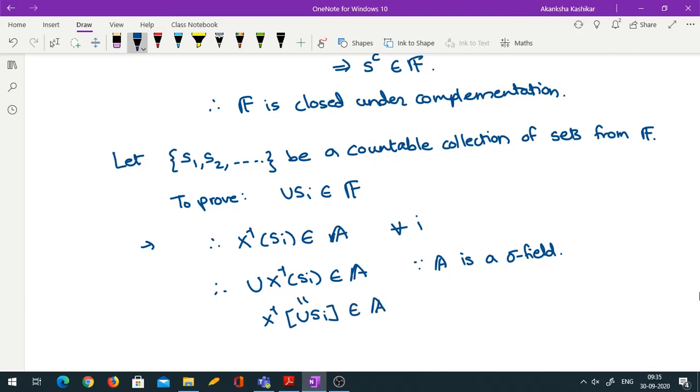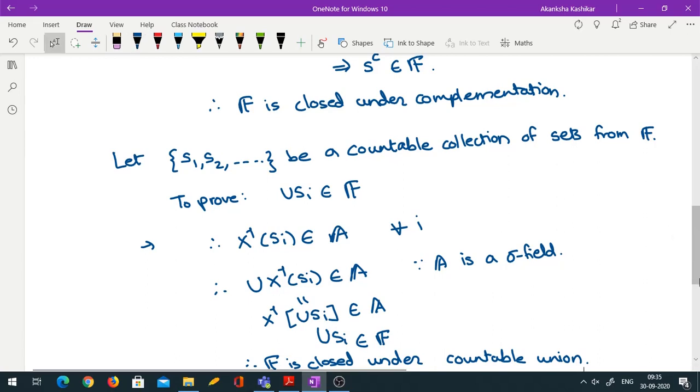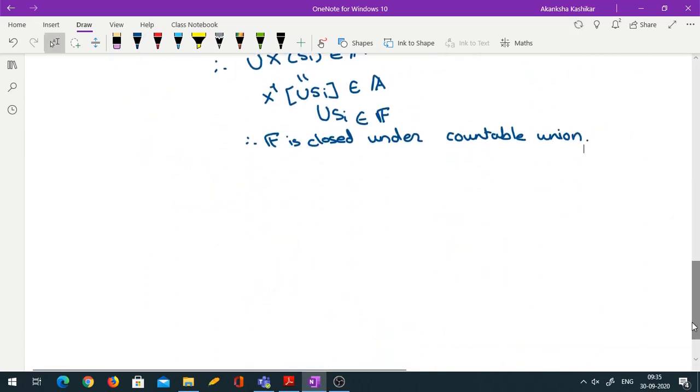So we get X inverse of the union of Si is in script A. And again, since A is nothing but the collection of inverse images of sets from F, the union of Si must be in F, otherwise its inverse image cannot be in A. Therefore F is closed under countable union. Hence we have proved that F is a sigma field.